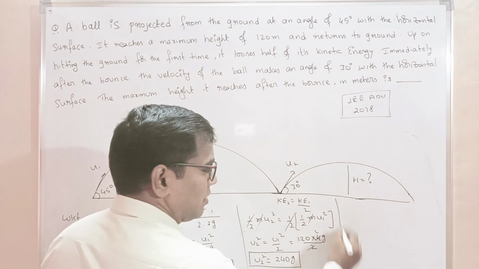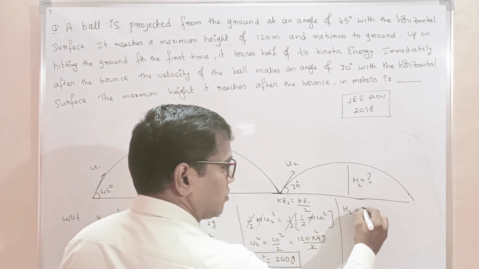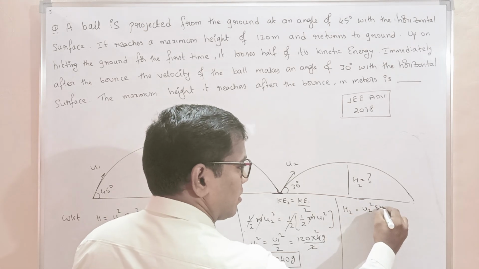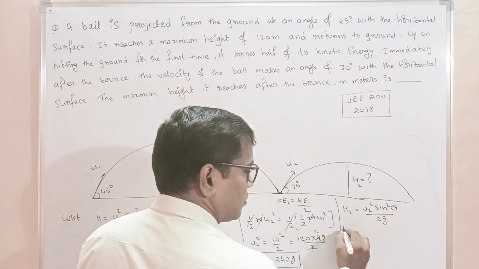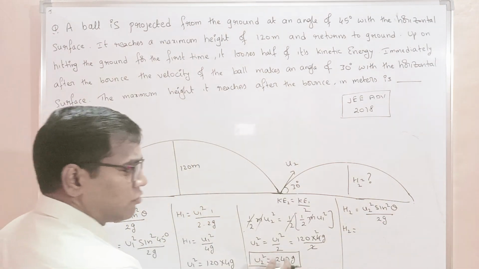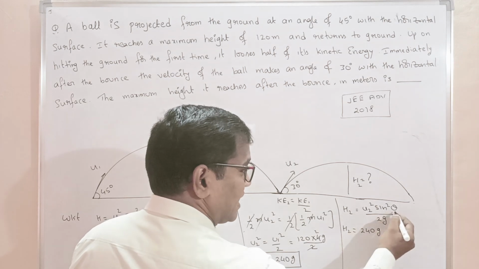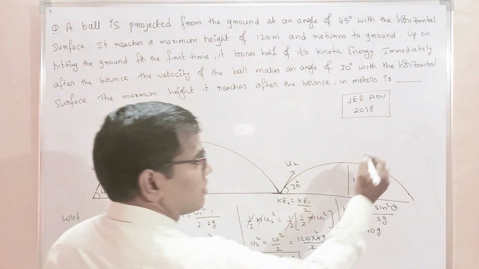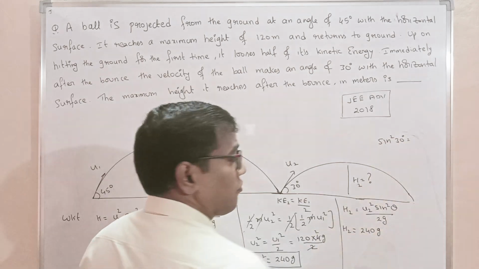So you can calculate h2 is equal to u2 square sin square theta by 2g. What is u2 square? u2 square is 240 into g, into sin square theta. Here 30 degrees is there, so sin square 30. What is sin 30?